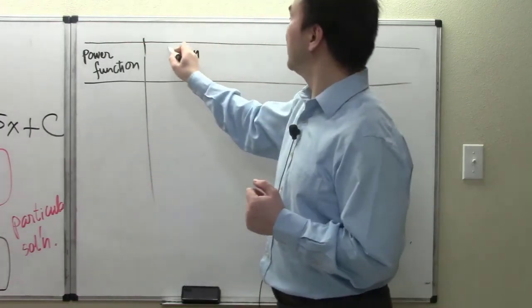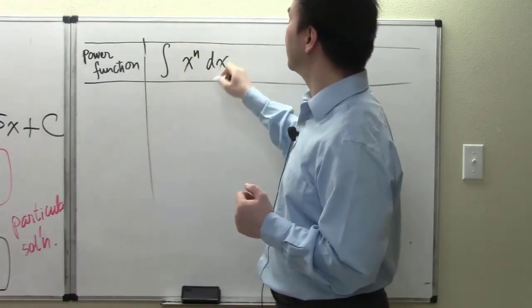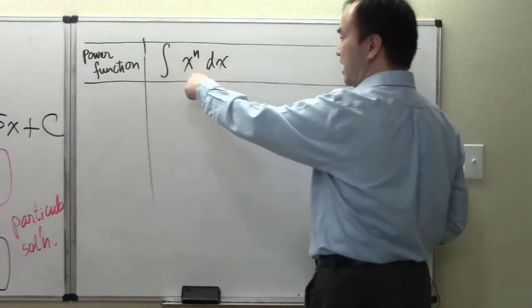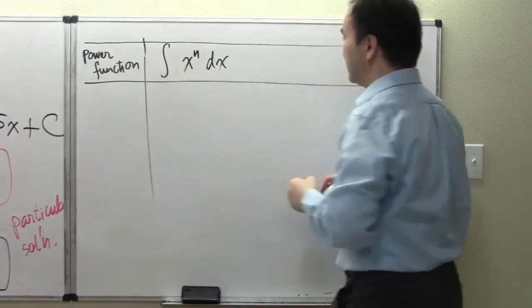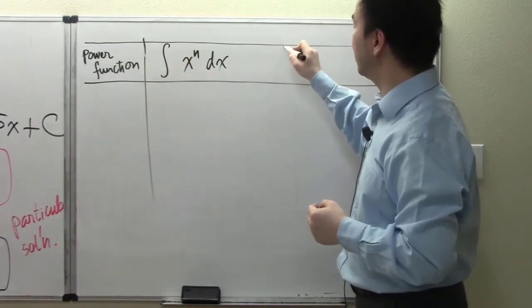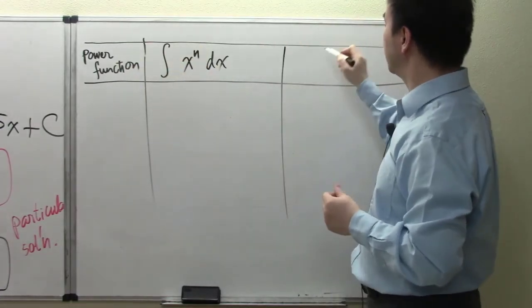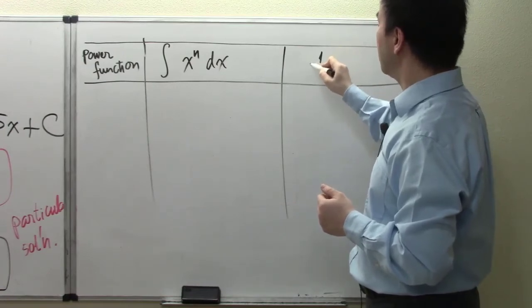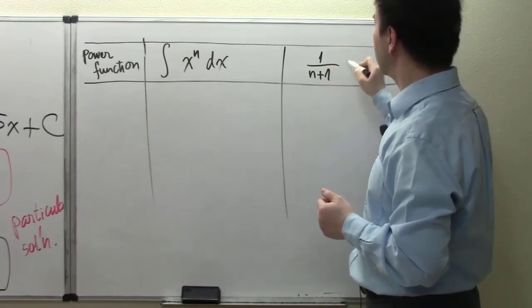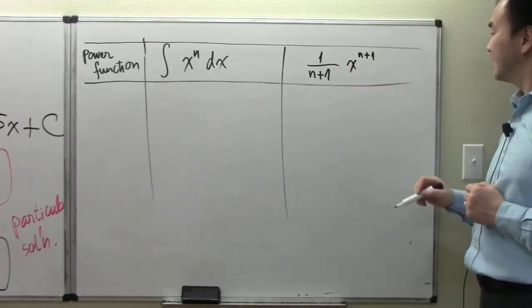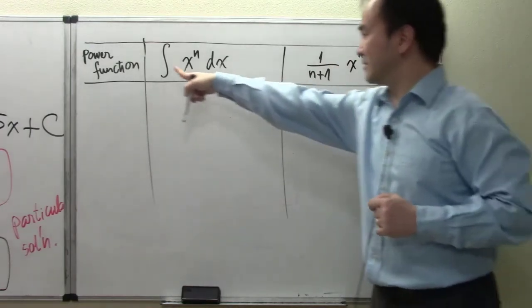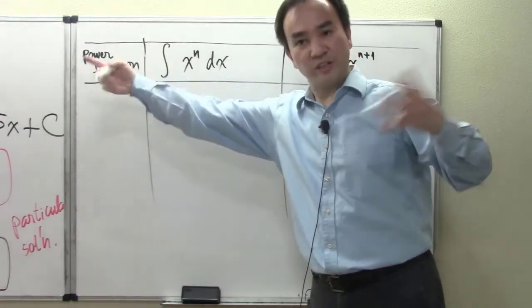Then we have learned this rule over here. So finding the antiderivative of the power function x to the n is simply going to give us the answer 1 over n plus 1 times x to the n plus 1. That's why it's called the power rule, because it works on a power function.